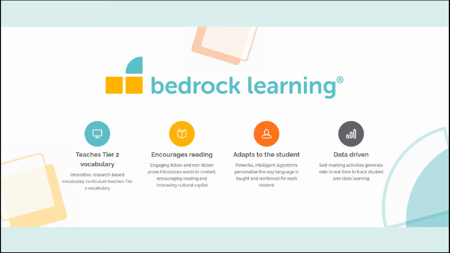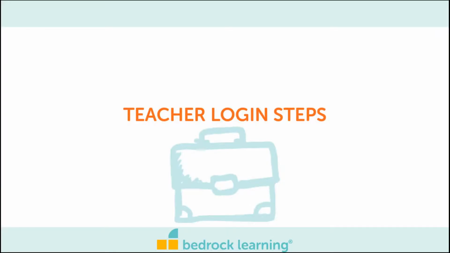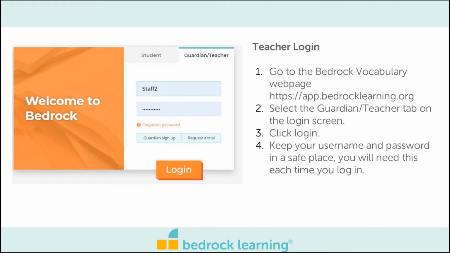So first things first, whether your school has connected via Wonde with your MIS system, or manually by filling in the account creation form, every staff member will be sent their username and password for Bedrock directly from us. Once you've got that information, you'll need to go to our website.